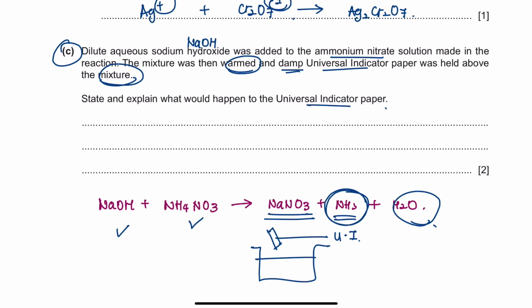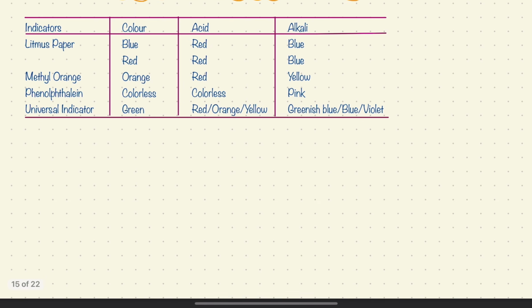As you can see here, the product is a gas, which is ammonia, and ammonia gas has an alkaline property. If you refer to the notes that I have uploaded, you will come across this table giving you a list of indicators and what happens when they are placed in an acid or an alkali solution.